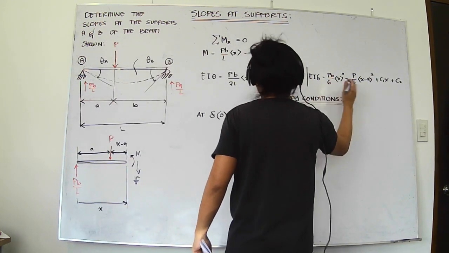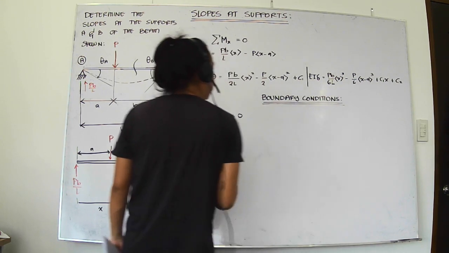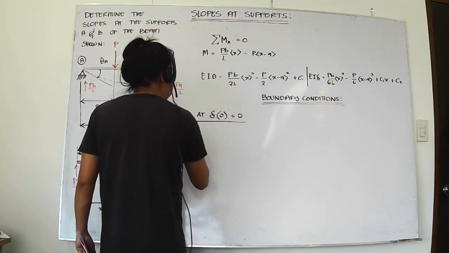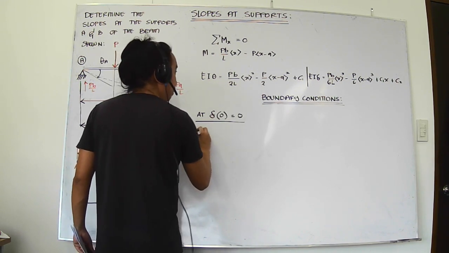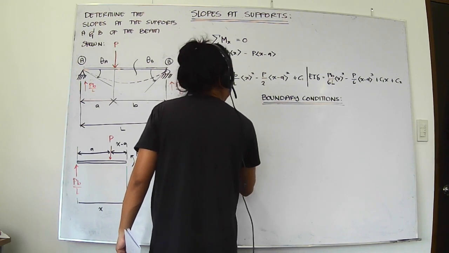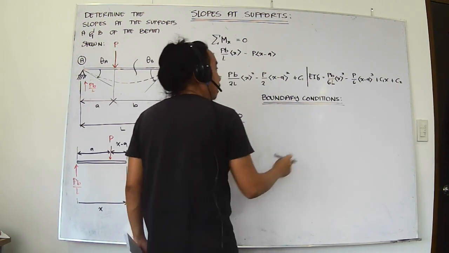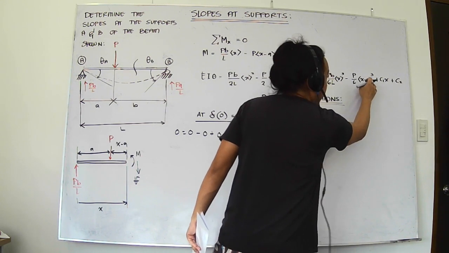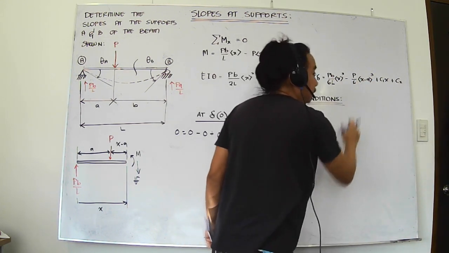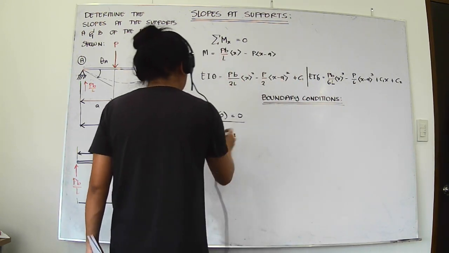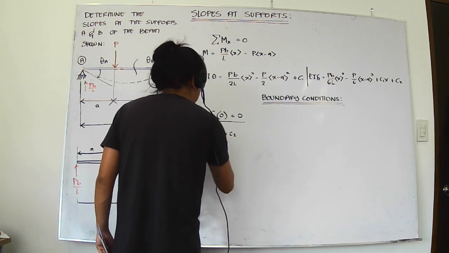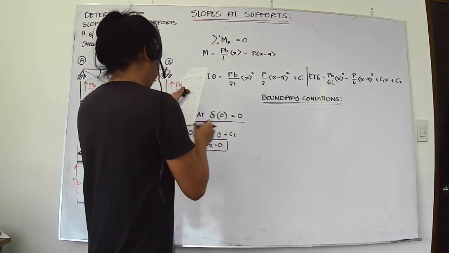At 0, we have 0 equal to 0 for the first term, minus 0, plus 0, plus C2. Any negative argument results in a value that is automatically 0. So C2 is equal to 0.